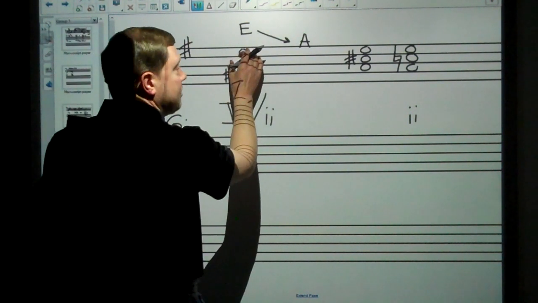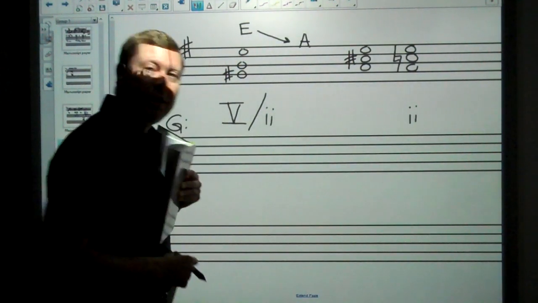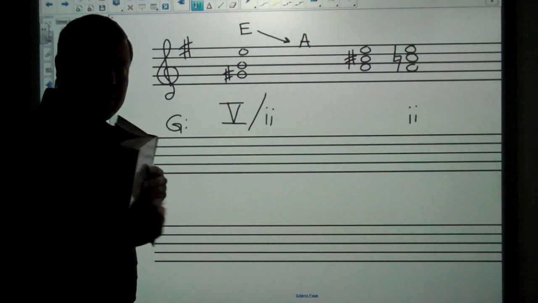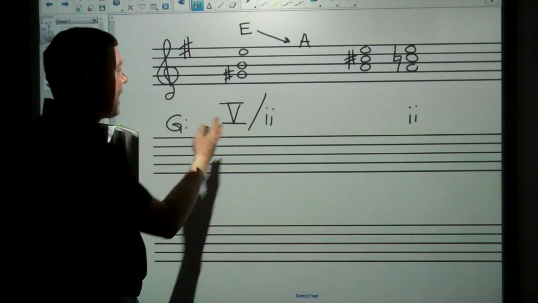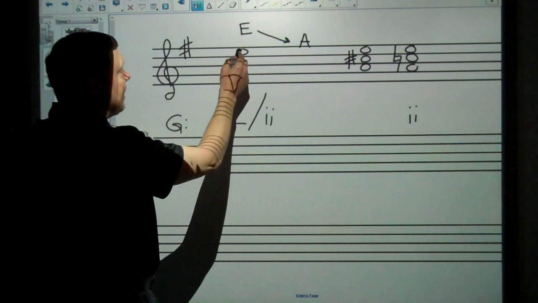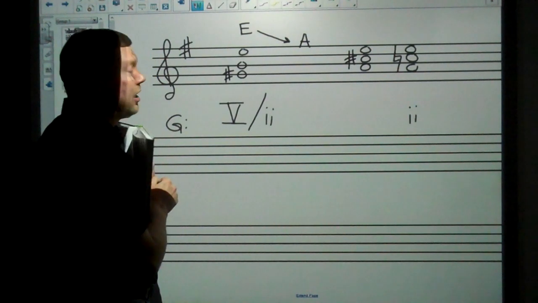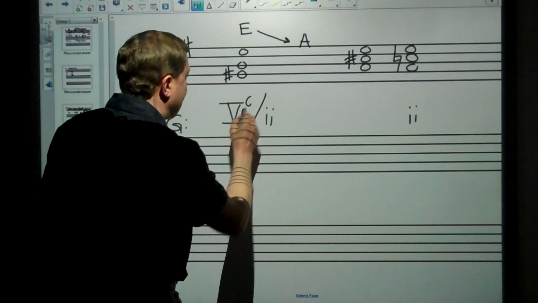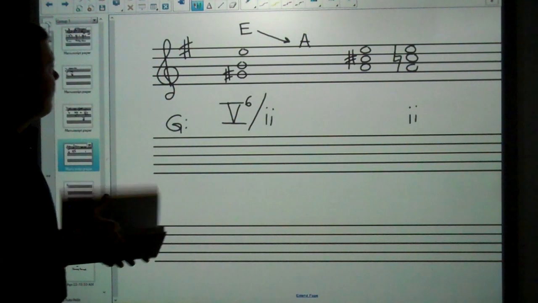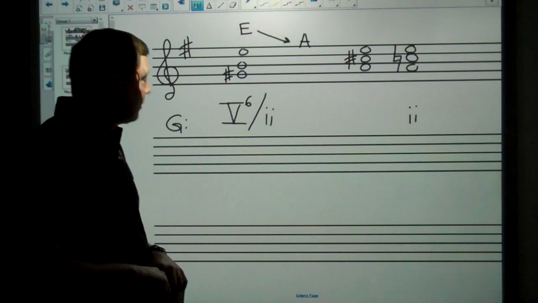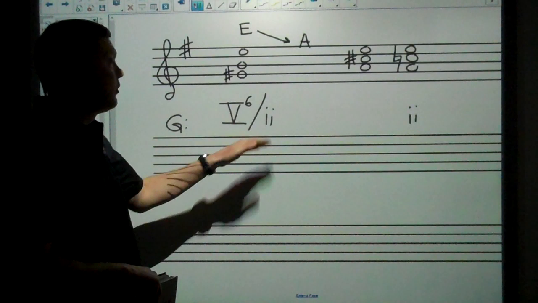This E major triad is the dominant of an A minor triad, which is 2 in the key of G. And the only other thing I still need to do to make this analysis symbol correct is that my secondary dominant is not in root position. It's in first inversion. So I have to put a little 6 to the left of my slash so that the secondary dominant is indeed a 5-6, or first inversion dominant of a 2.